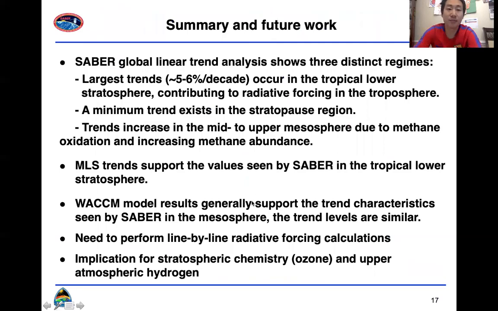Here's a summary of this short presentation. SABER linear trend analysis shows a very large trend of about 5 to 6% per decade in the tropical lower stratosphere, and this could contribute to radiative forcing and global warming in the troposphere.